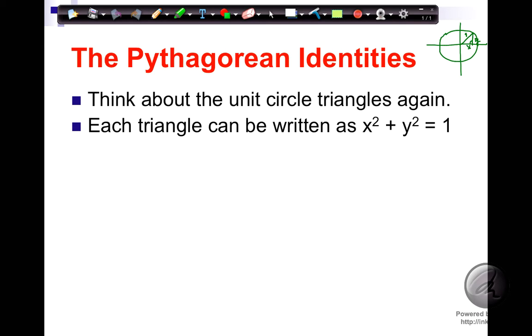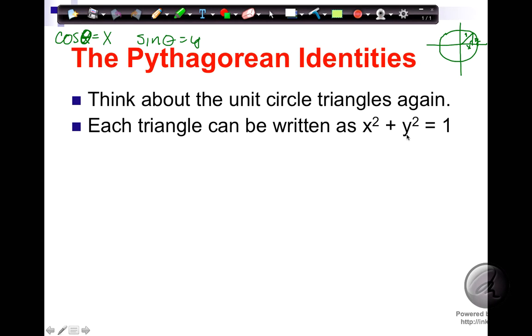And to go back to the last statement I made on the last page, where I said that cosine of theta is equal to the x coordinate and sine of theta is equal to the y, those two things actually go right into this identity.